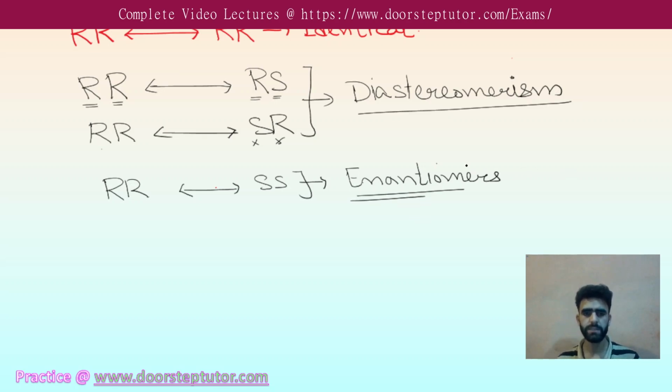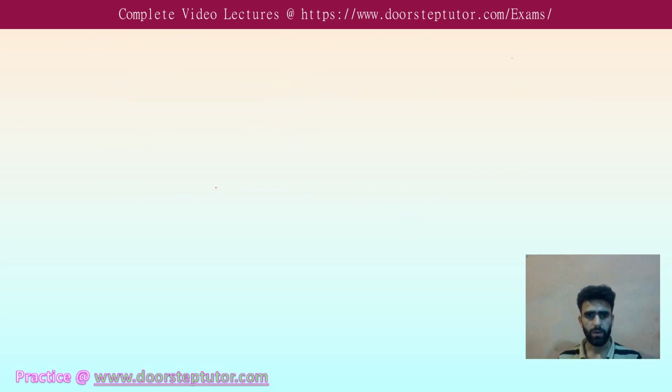Now let us see some examples. If we have a compound like this, CHO here, and here we have H, here we have OH, here we have H and here we have OH.